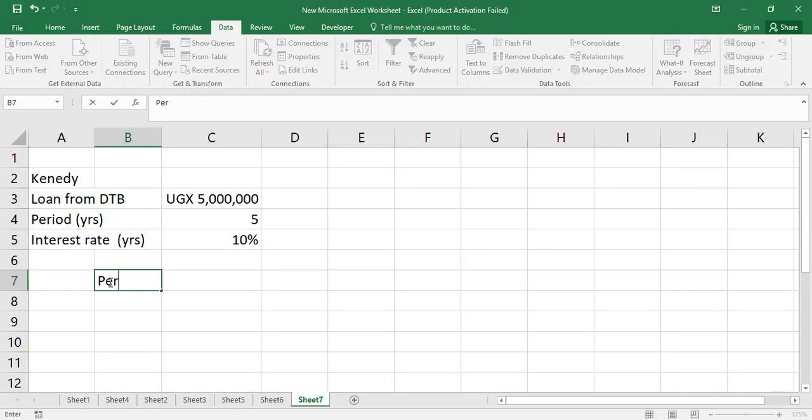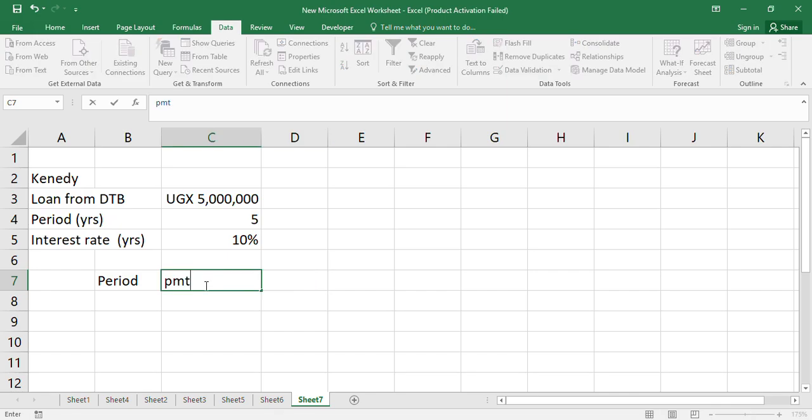So we shall have our period, and we shall have our PMT, or the amount paid.